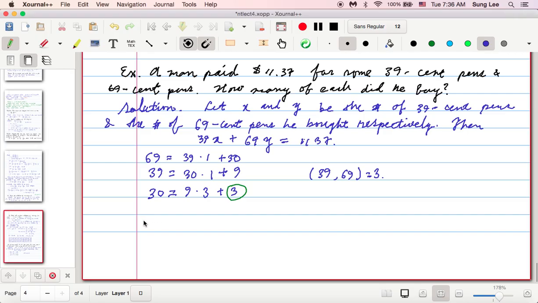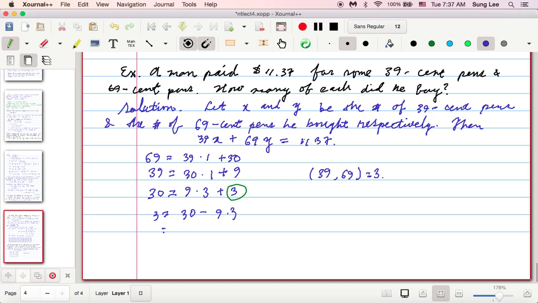Okay, so now I'm going to work backward. So 3 equals 30 minus 9 times 3.